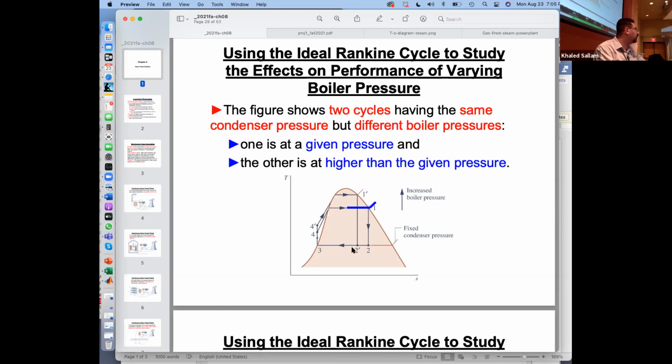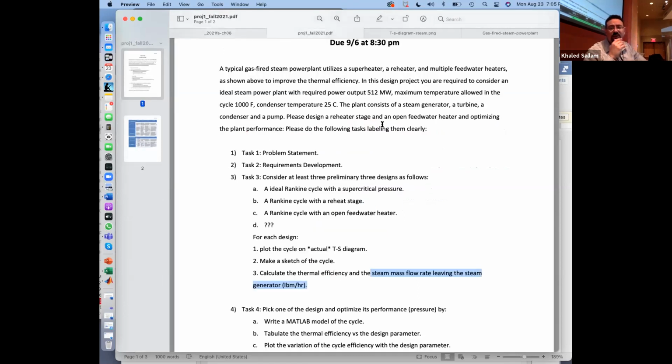Can we have the last part of the turbine at quality equal 0.5? Can we? No, we can't. But the problem statement doesn't say that. The problem statement didn't say what the constraint is. What is the constraint on the exit of the turbine?